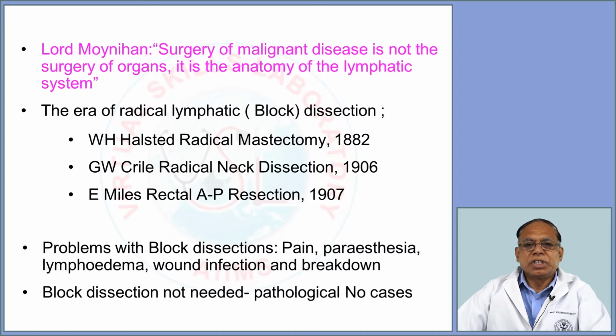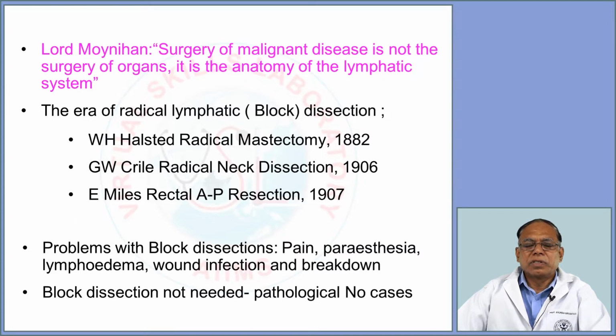Lymph nodes are essential for drainage of the lymph from the organs, and removal of these lymph nodes and lymphatics leads to collection of fluid in the tissues or organs called lymphedema. So in radical mastectomy, we saw a lot of women developing lymphedema of the upper arm in 10 to 30% of patients, and similarly in patients undergoing radical dissection of other organs had collection of lymph.